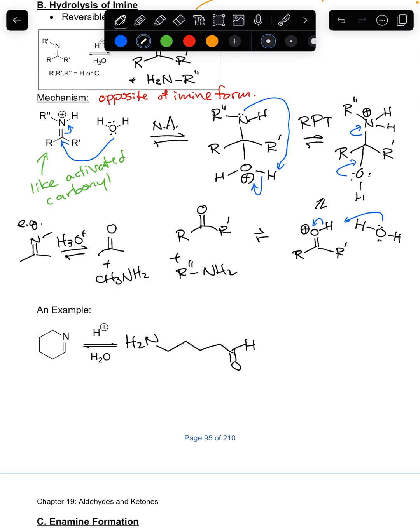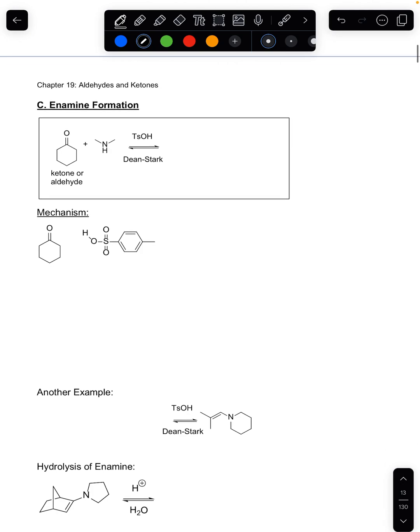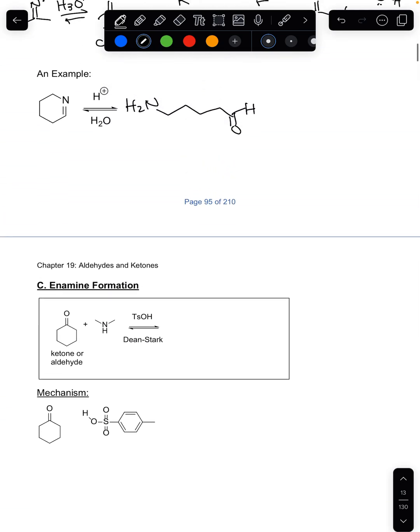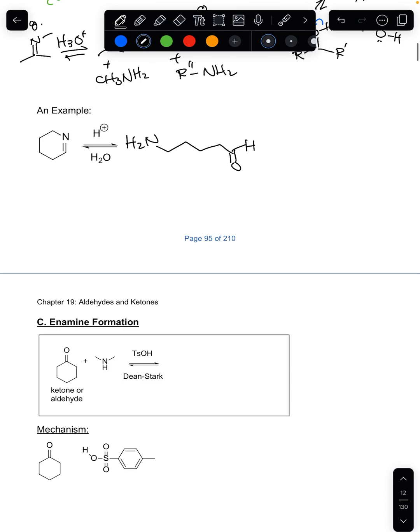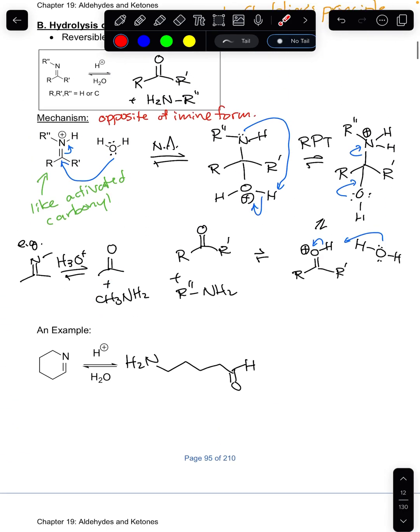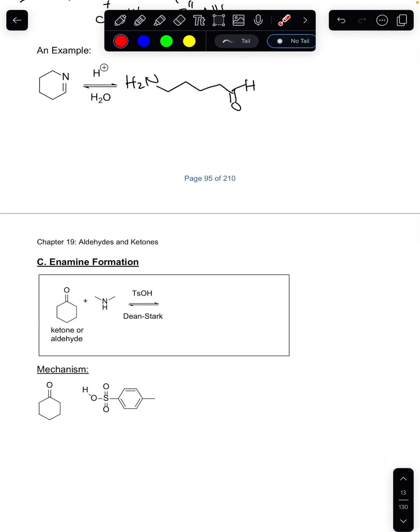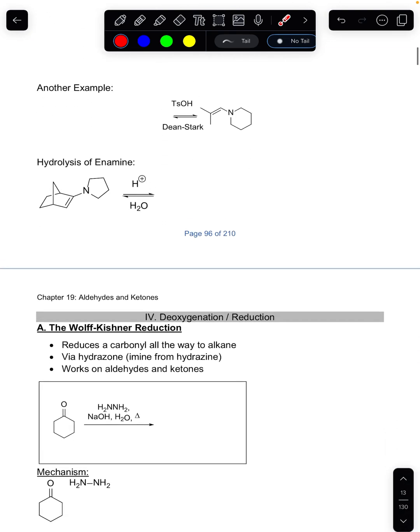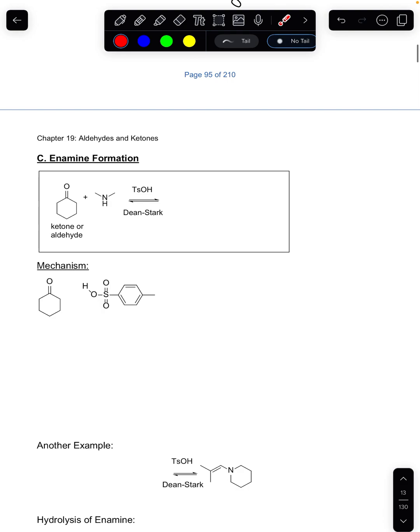So, where we are heading from here is, we want to look at what would happen if a secondary amine like this, instead of a primary amine like this, reacts with ketones, or I should say carbonyls, and some other carbonyl reactions, okay, in the next lecture.